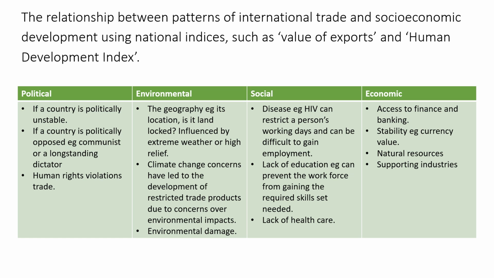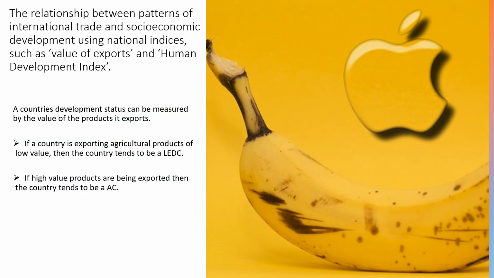Does it have natural resources and industries that support those natural resources, their extraction and production? All of that will then influence what a country can trade and how much money it gets from what is traded. And we can look at how developed a country is through looking at some key indices.